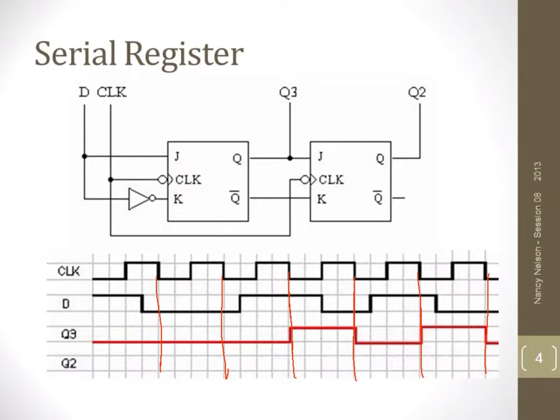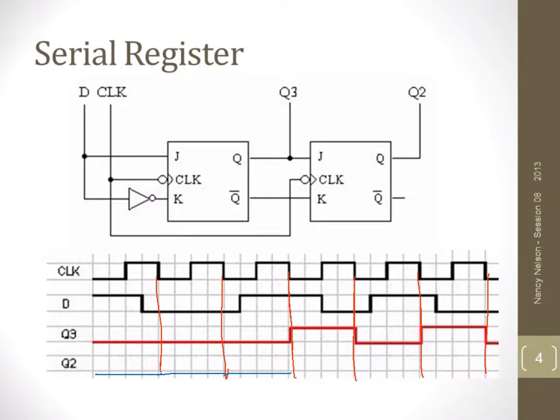So what's going to happen, we're going to assume it's low to start. We're going to come across, and what we're going to do is sample Q3 at this point. Q3 is low, so we're going to hold that low to the next sample point. Q3 is still low, so Q2 stays low.